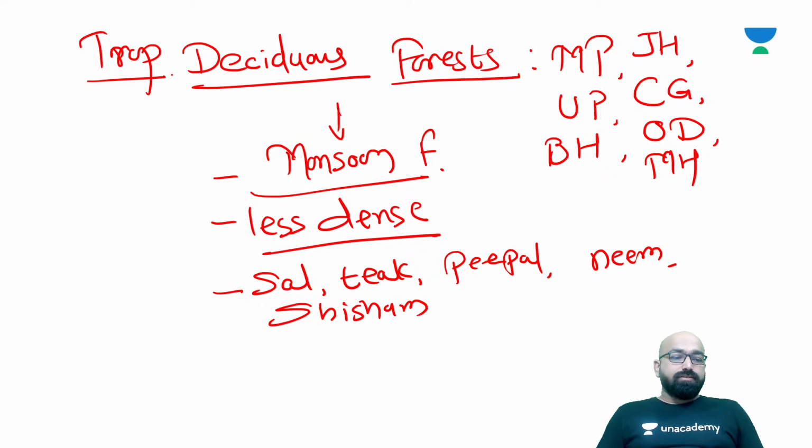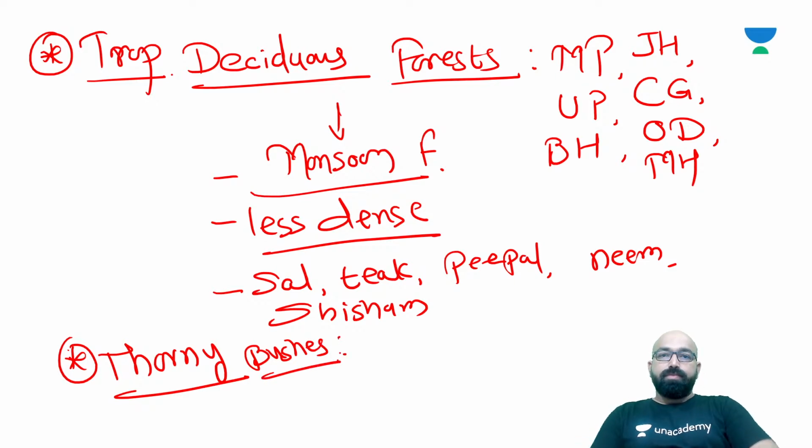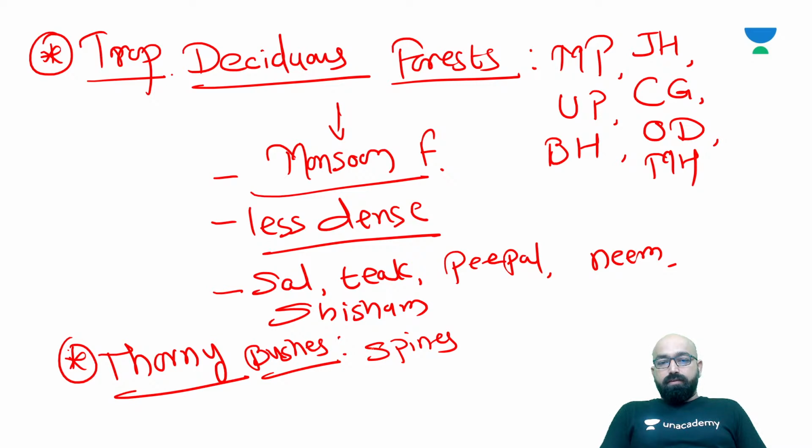Now, friends, after that, next is thorny bushes. So this type of vegetation is found in dry areas of the country. So the leaves are in the form of spines to reduce the loss of water.